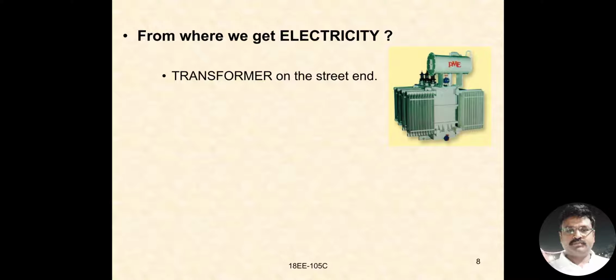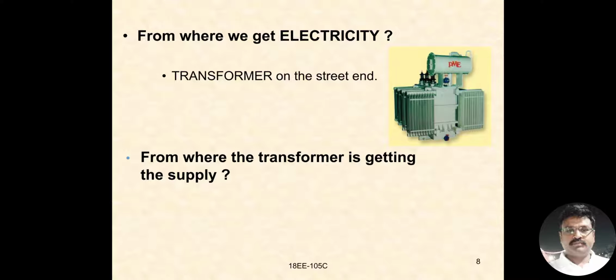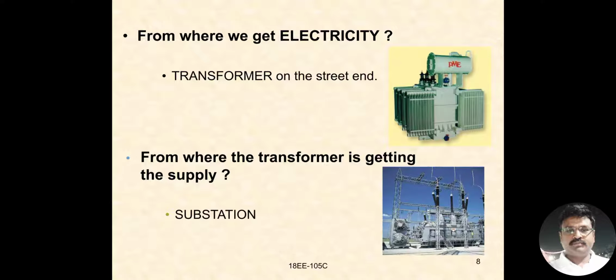We may see the transformers on the street ends, and from where is the transformer getting the supply? The transformer will be getting the supply from the substations. From where will these substations get the electricity?